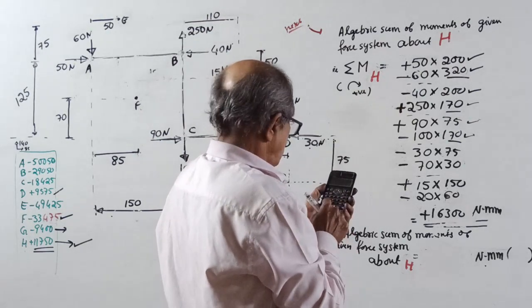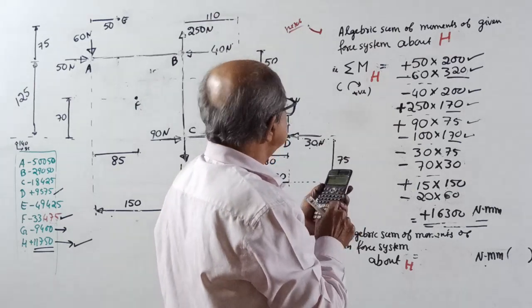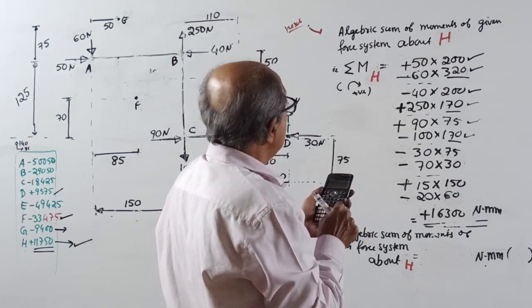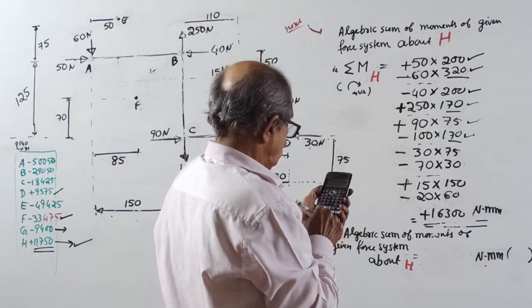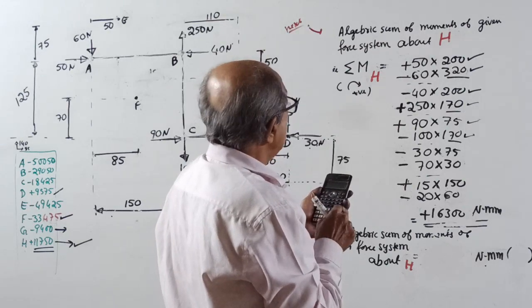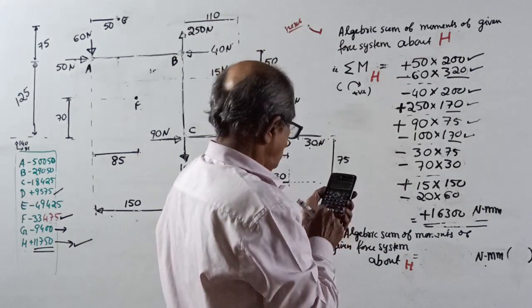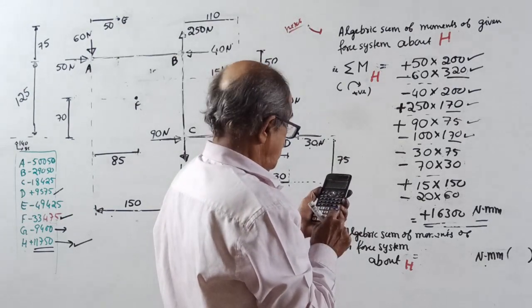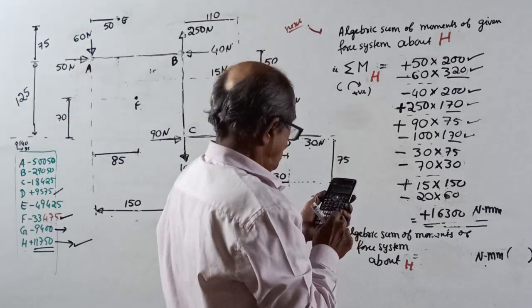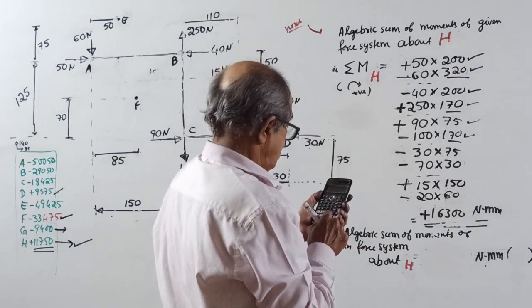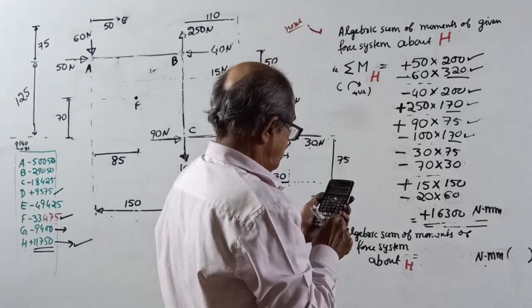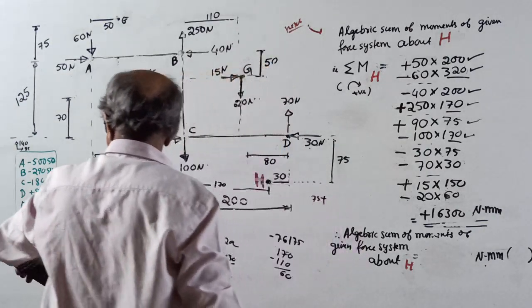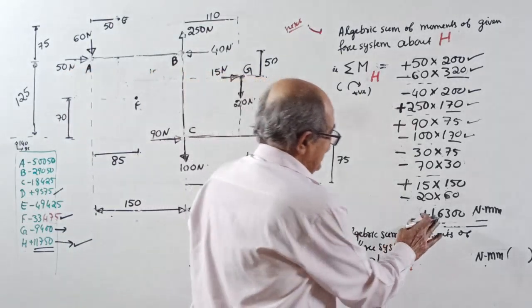Again gone. 50 into 200 minus 60 into 320 minus 40 into 200 plus 250 into 170 plus 90 into 75 minus 100 into 170 minus 30 into 75 minus 70 into 30 plus 15 into 150 minus 20 into 60. 11750. Yes, see, 11750.